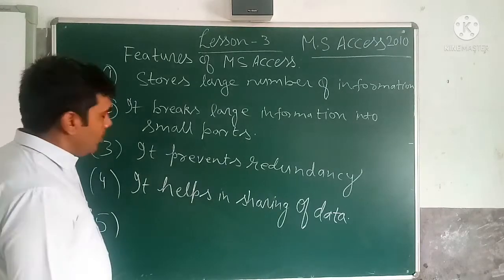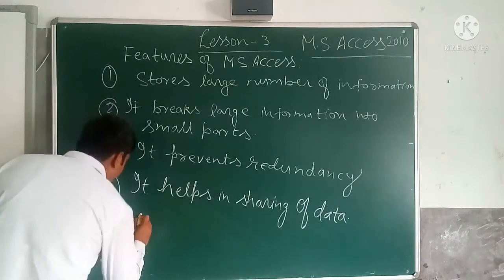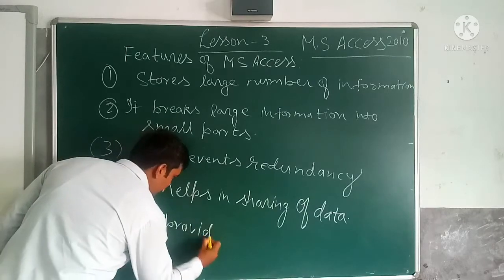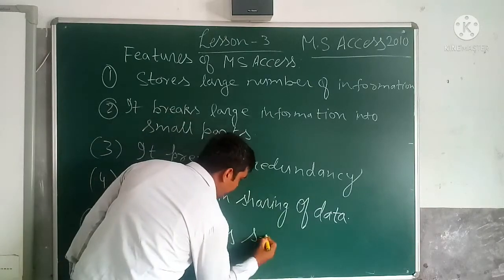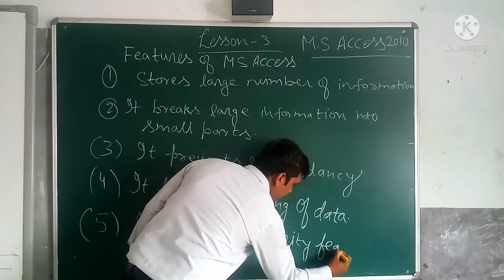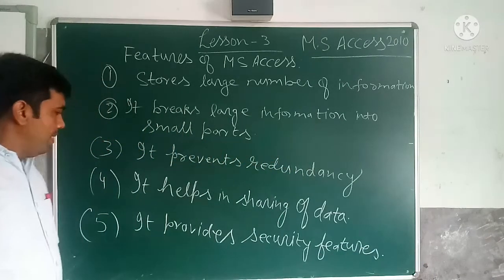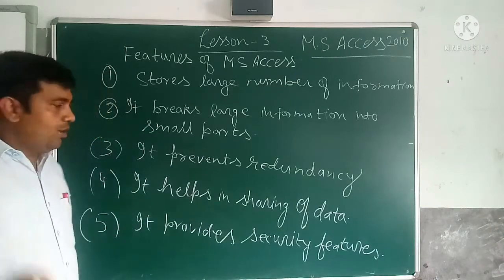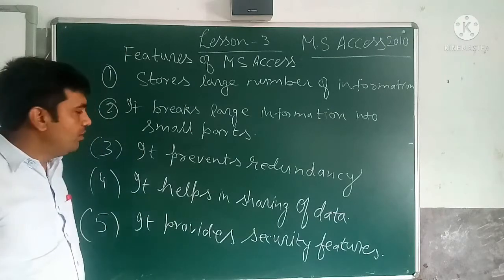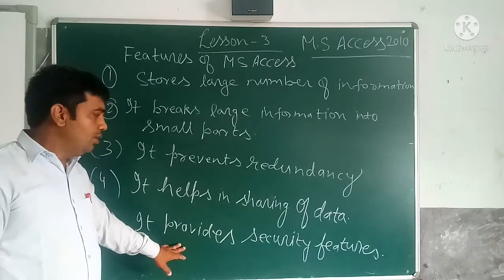Okay. So next feature is it provides the security feature. Means a person who is not allowed to access the information, who has no right to access particular information, it will not allow that person to retrieve that data.